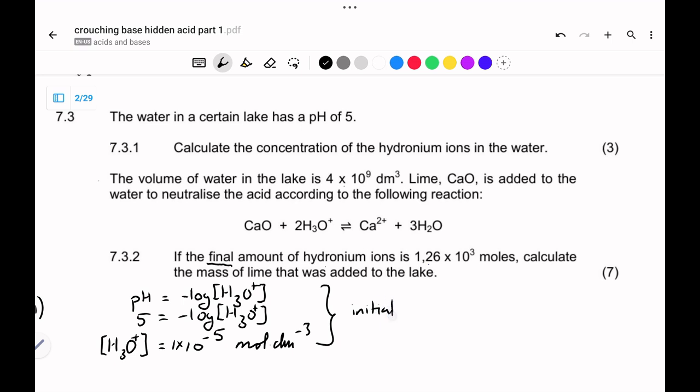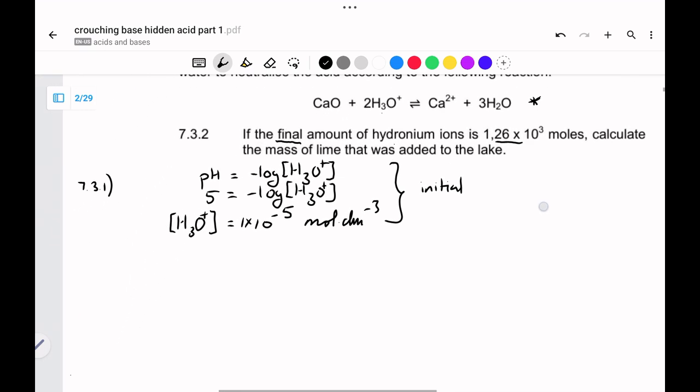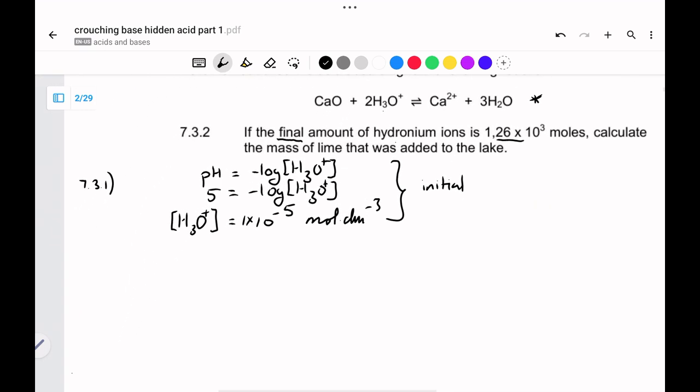And you perform some reaction, and at the end of this reaction, you still have some hydronium ions left over. This many moles. So clearly the hydronium ions were in excess. That's why, and we're being asked about the limiting reagent, the calcium oxide. That's why this problem is of the type that I described.